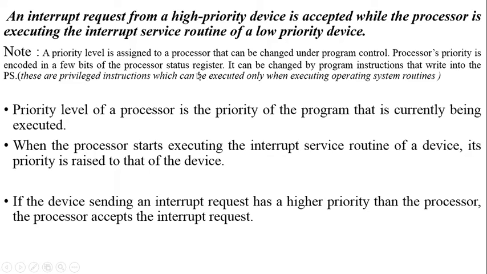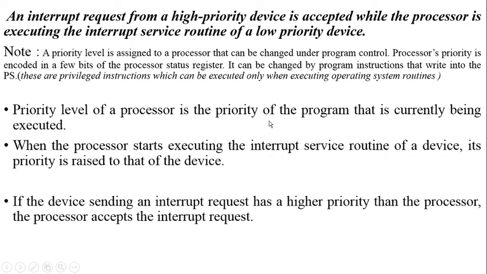Okay, so we use a certain set of privileged instructions in order to mark or update the processor priority value with respect to the priority of the currently executing program. Okay, the priority level of the processor is the priority of the program that is currently being executed. Okay, this is an important point.